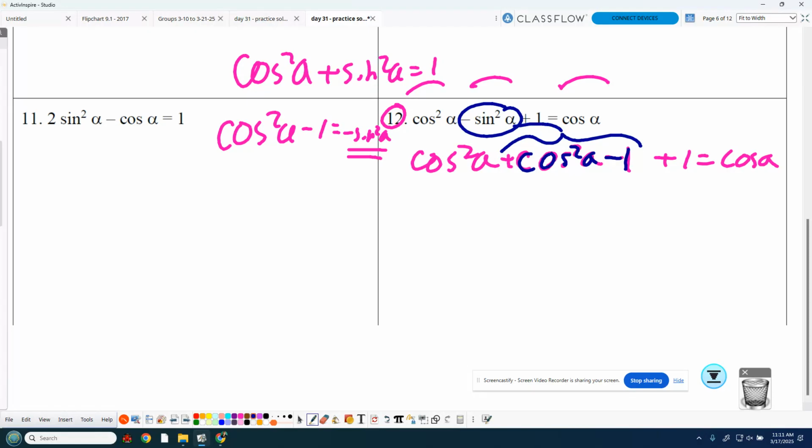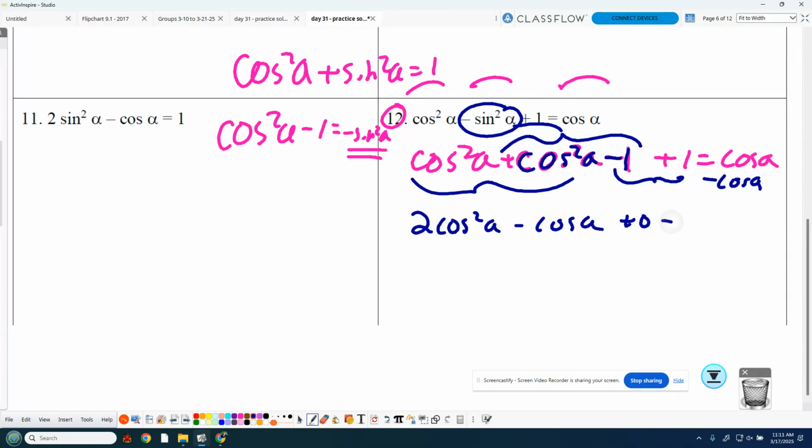Combine things, factor, and solve. Okay. Eliza's saying combine like terms. Yep. Would it be negative cosine squared minus 1 or with negative? I solved for negative sine squared here. So cosine squared minus 1 is negative sine squared.